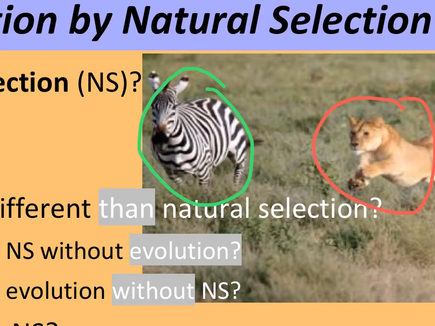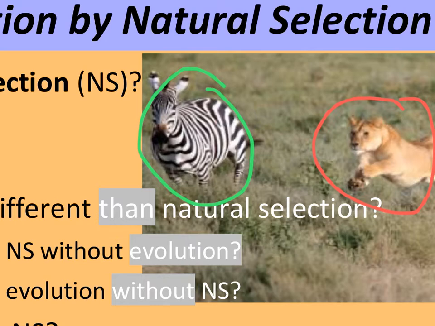There are some lions that are born to no fault of their own, and their cards are very bad, and they're not very fast. What's going to happen to those lions? They're going to starve to death. They're not going to produce offspring, and they're not going to breed. Okay? So, in a sense, the fast zebras are also causing only the swiftest lions to survive and reproduce, creating a population of very fast lions.